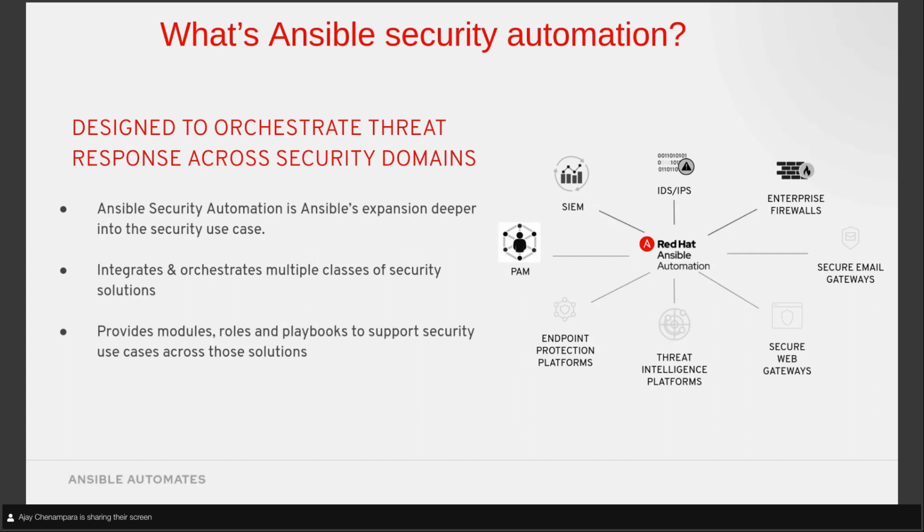Now, each of those tools might be owned by different teams. When an incident happens, it is extremely important that all these tools and teams are able to work together to quickly identify and resolve the issue.